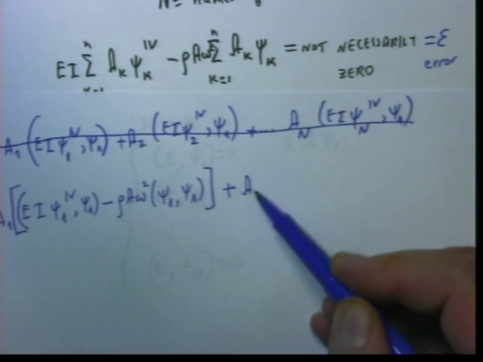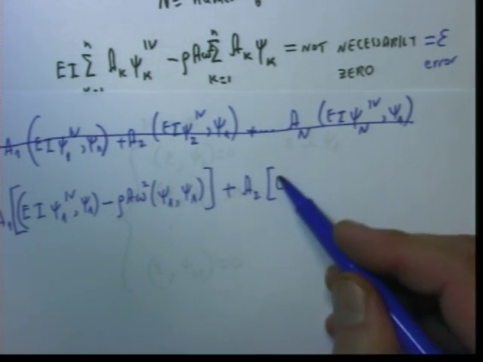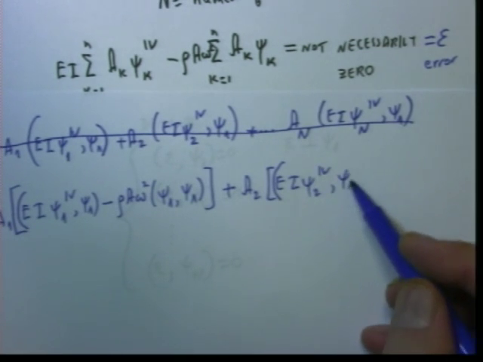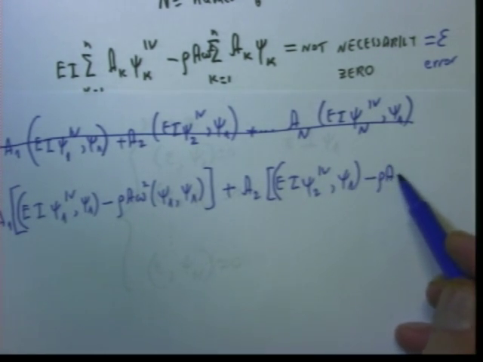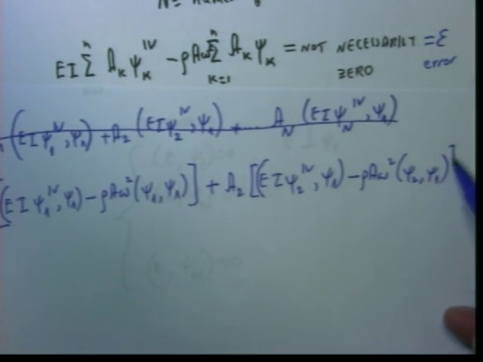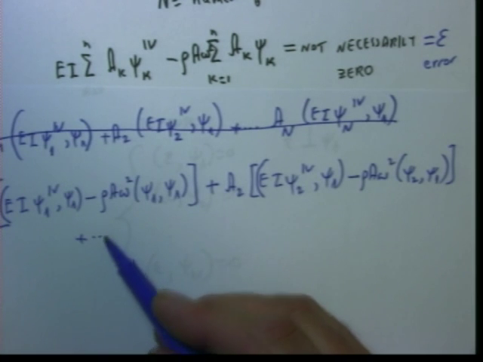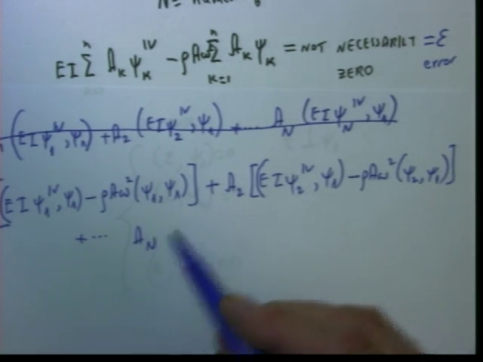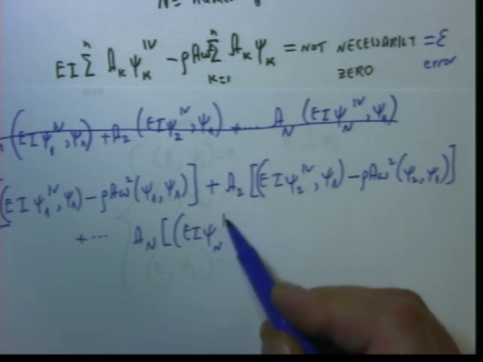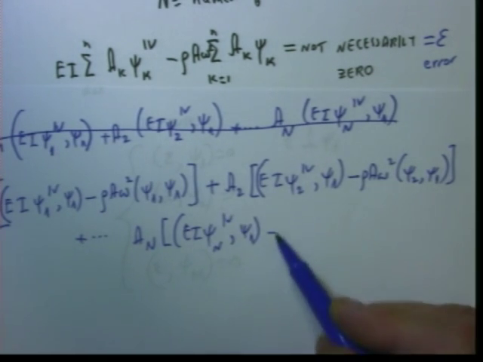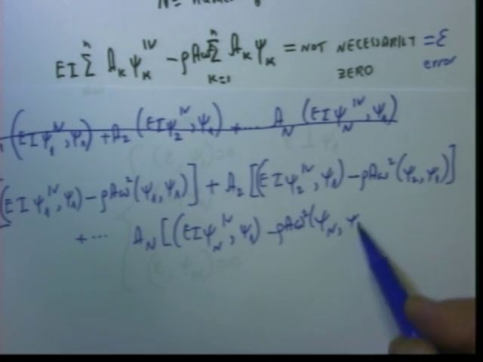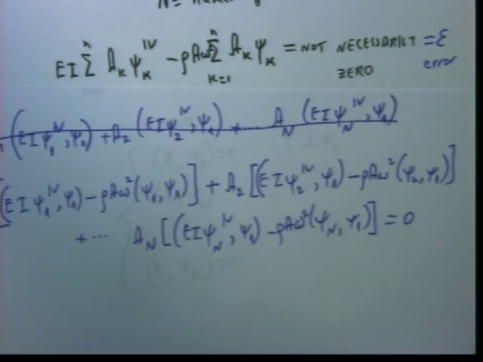Plus A2, this EI psi 2 fourth derivative psi 1 minus rho A omega square psi 2 psi 1, etc. And then we will have A sub n, EI psi n fourth derivative psi 1 minus rho A omega square psi n psi 1. This equals 0.